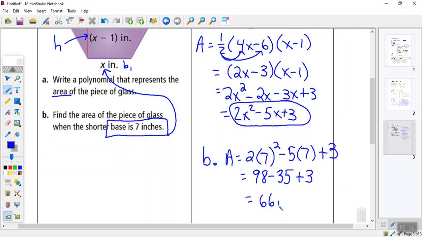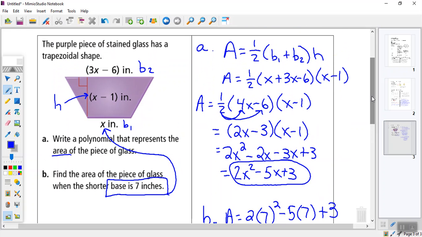Now guys, I want to show you this, and I want to show you that we are correct with what we just did up there. Guys, we used all of these formulas. We used this idea of foiling out to write or model the area of a trapezoid in polynomial form, specifically trinomial form. But let me show you something, kids. Go back to this drawing right up here. If I plug 7 in right down here, if this was 7 right here, what would that have been the height?